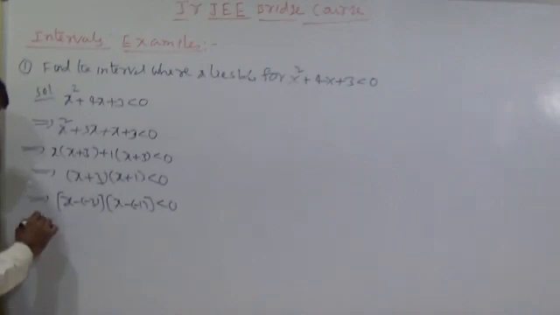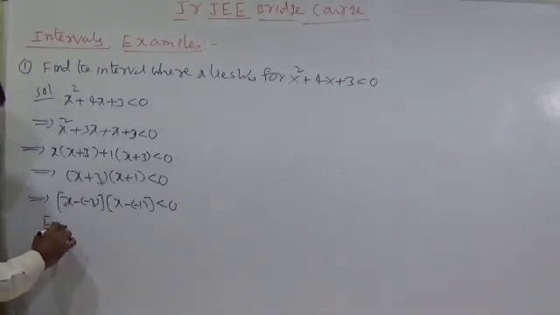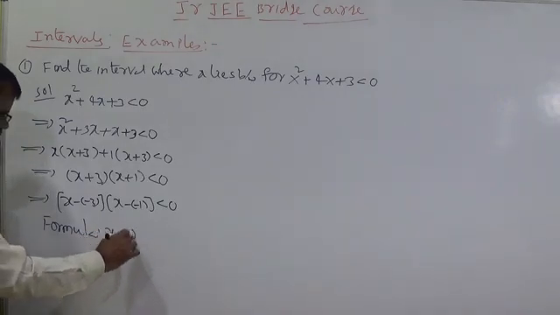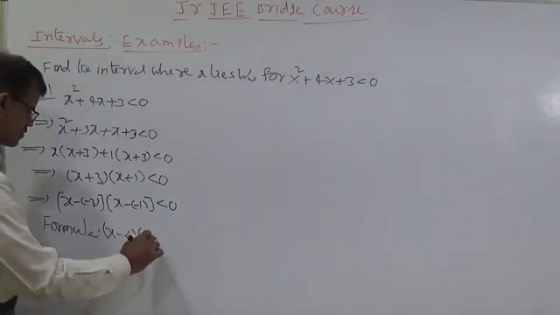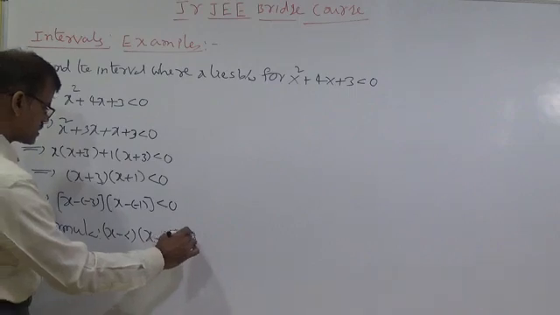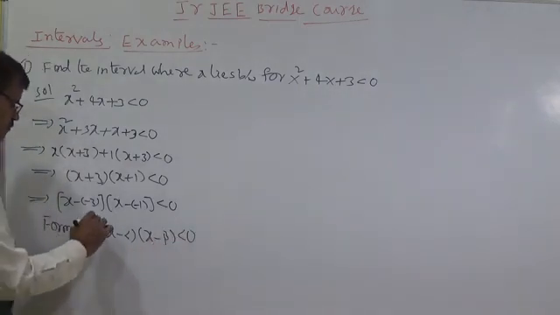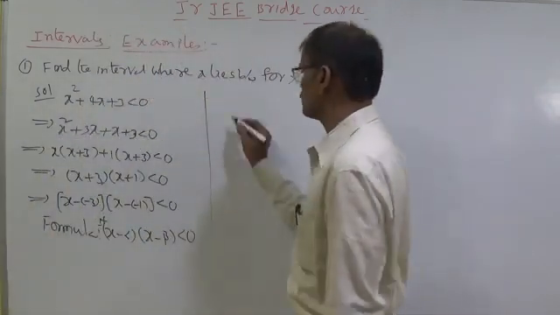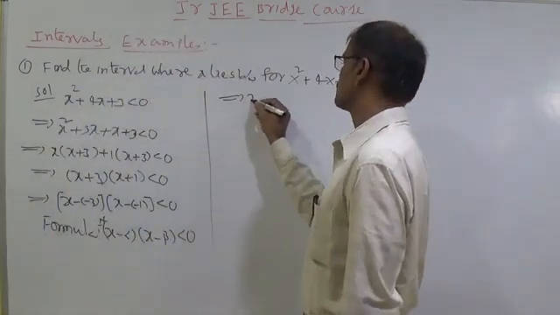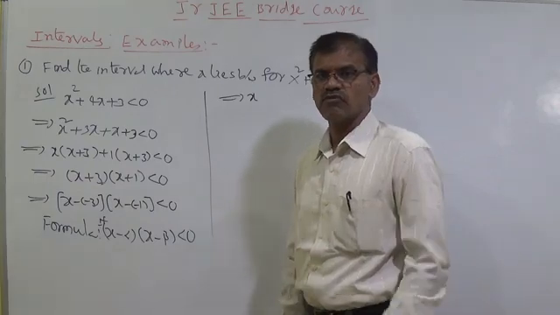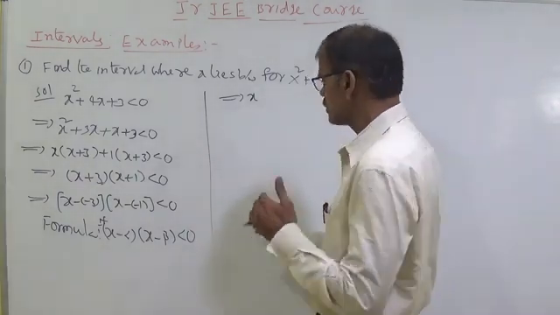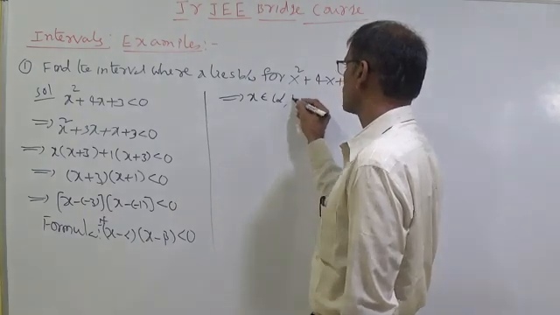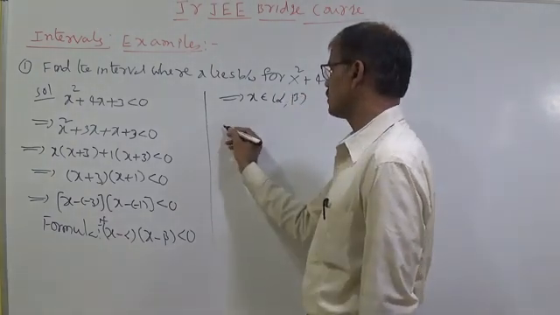Let us remember the formula: x minus alpha into x minus beta less than 0. If x minus alpha into x minus beta is less than 0, that implies x lies between alpha and beta, excluding alpha and beta. The notation I said: x belongs to alpha comma beta.